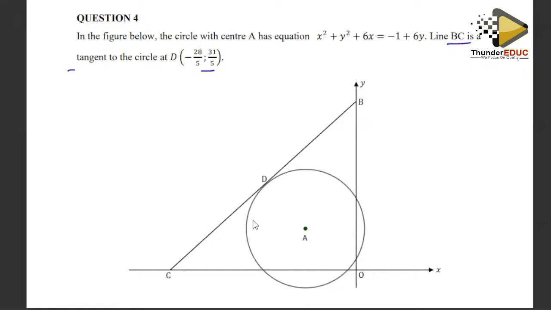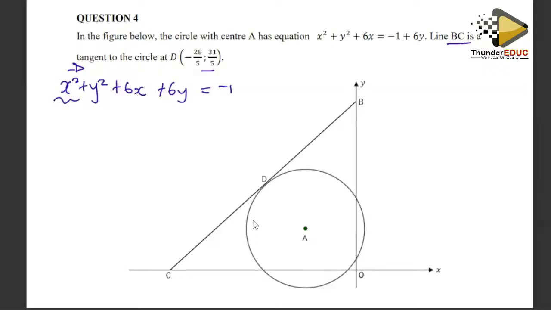So in this case, we need to complete the squares. So it's going to be x squared plus y squared plus 6x. Let's bring everything that side, plus 6y is equal to -1. Okay.